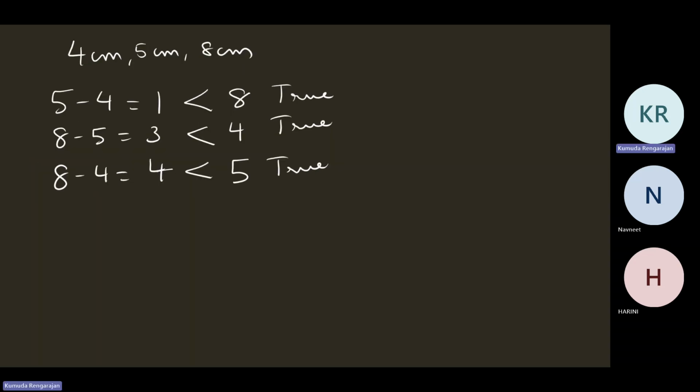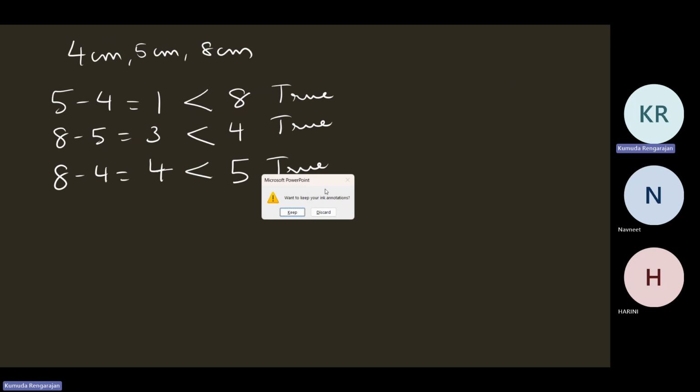Now using these two properties, when you're given the lengths of two line segments, you can find the range of the length of the third line segment so that these three form a triangle.